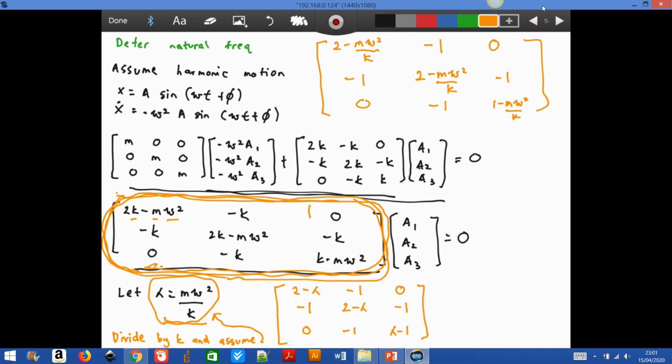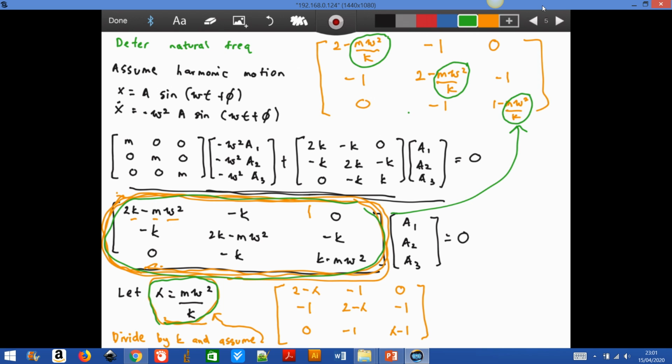Basically, if I divide everything by k, this is what I will get. Then we let lambda equal m omega squared over k. So we know that here we have the term m omega squared over k, so assume all of these as lambda, and then it will turn into this. So, moving on.